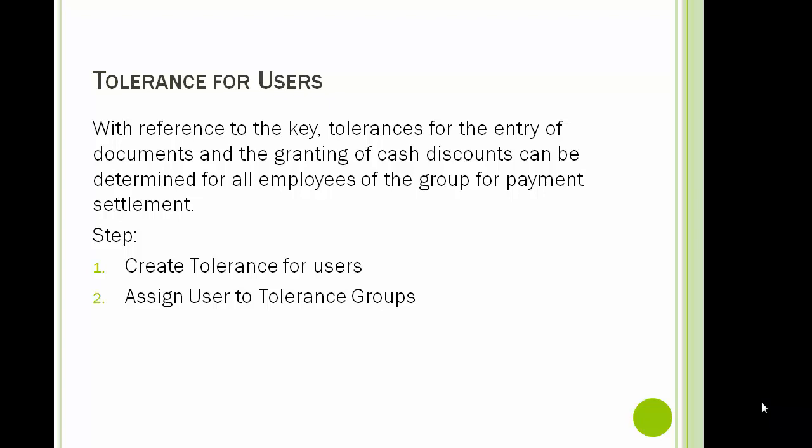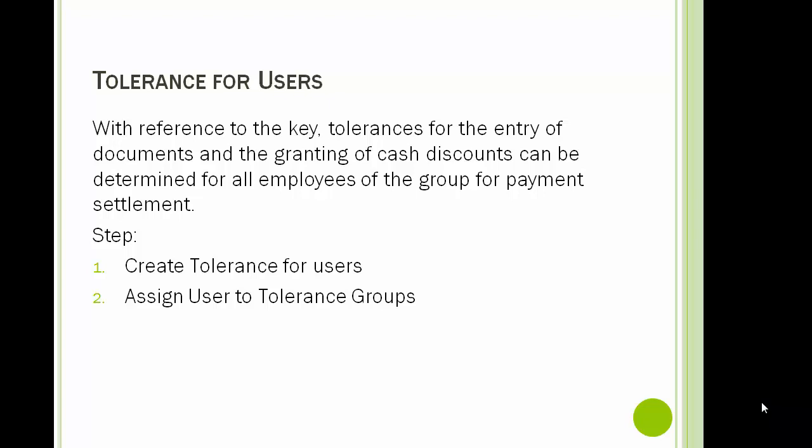These limits could be the maximum amount an employee can post in a document, means the maximum amount of a business transaction which a user or an employee can post, a maximum amount per line item in a customer or a vendor account, a maximum cash discount percentage a particular user can grant, and the maximum payment differences for the employee, what he can make.